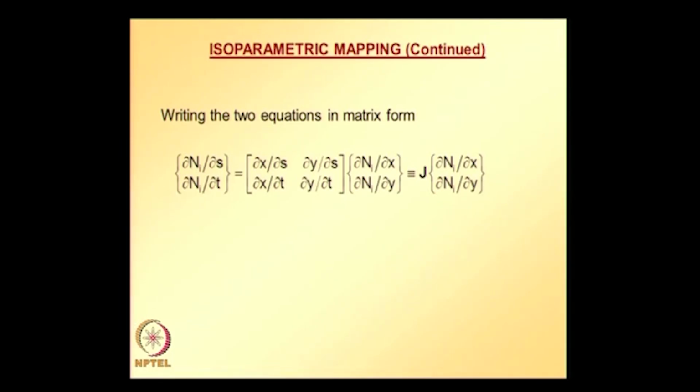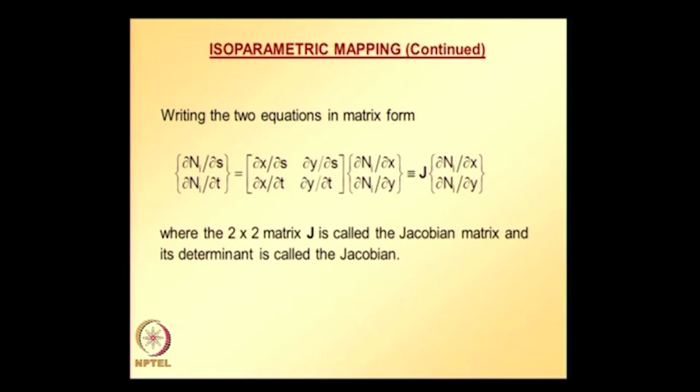For two dimensional elements, Jacobian becomes a matrix, that is why J is written in matrix notation, that is bold letter, where the 2 by 2 matrix J is called Jacobian matrix and its determinant is called Jacobian.